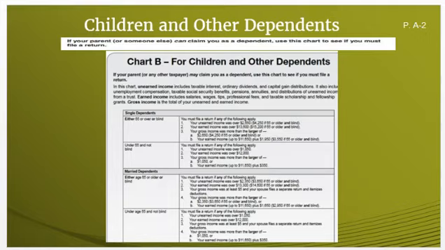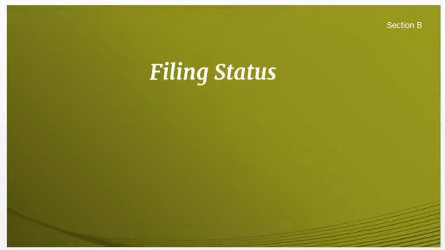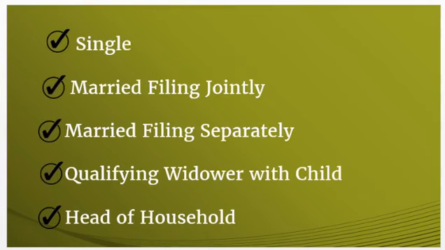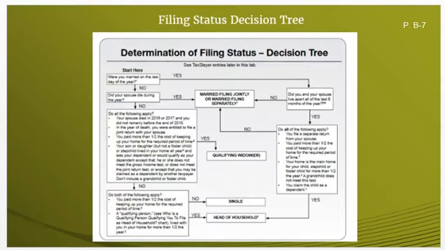So let's move right in then to the different filing statuses. We're going to find that in section B, where it's going to highlight the different filing statuses. So we have 5 filing statuses: single, married filing jointly, married filing separately, qualifying widower with a child, and then head of household. Those are the only 5 filing statuses that we have, and everybody has to fall into one of them.